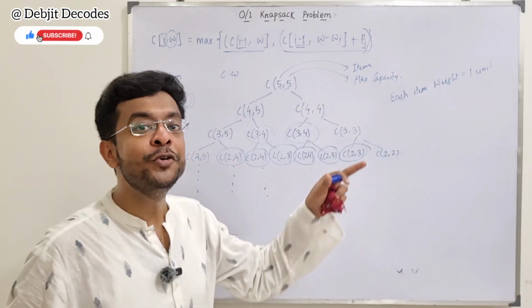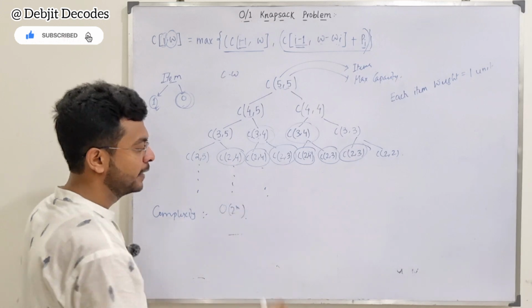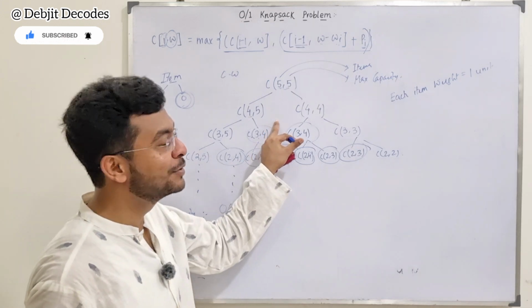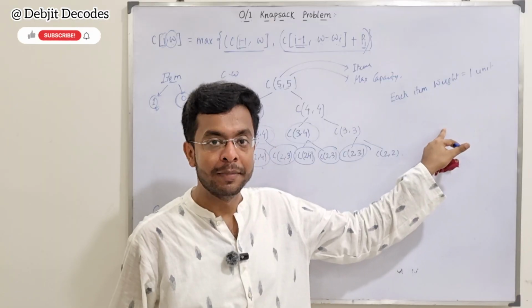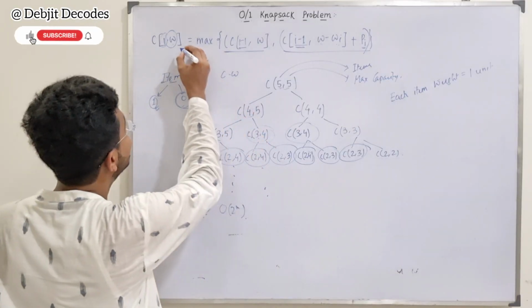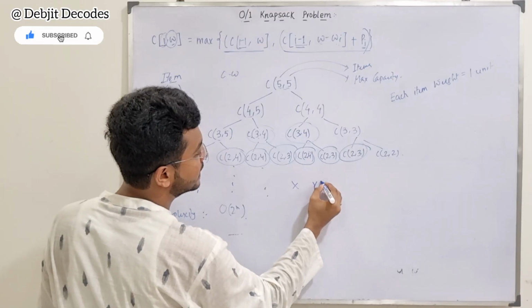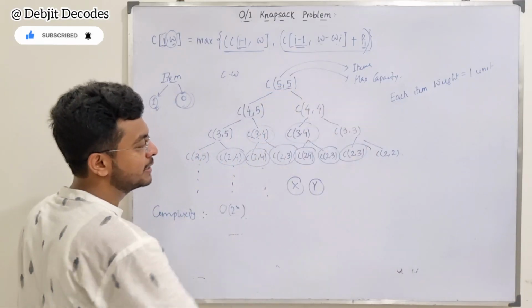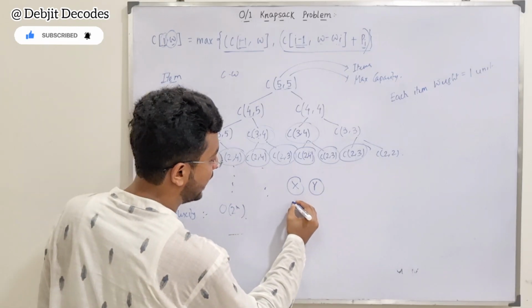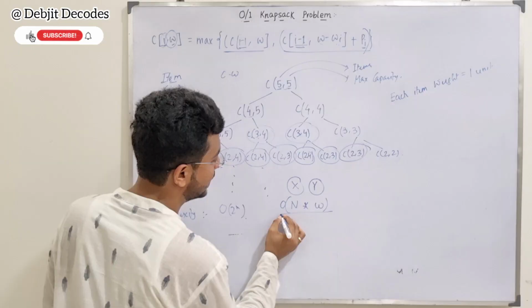So initially, if we do it in the brute force manner, it was order of 2 to the power n. But if we simply do this using dynamic programming, whatever we have done just now using the table method, then say there are N items and W is the maximum capacity, this is the complexity.